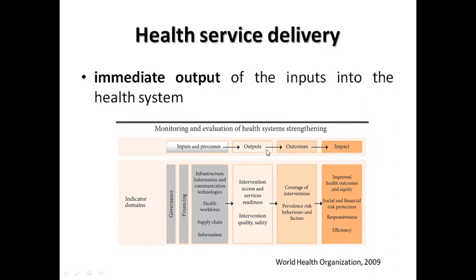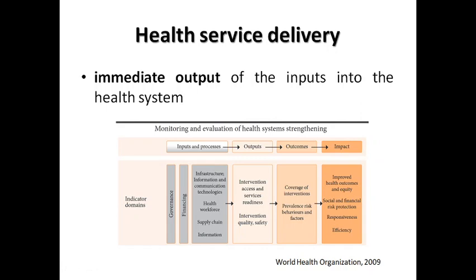However, it's the healthcare delivery that is experienced by the patient or the person who has access to the health service. So our output basically would be intervention access and service readiness.